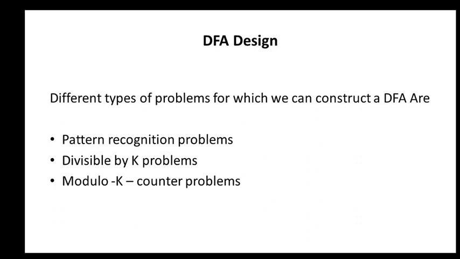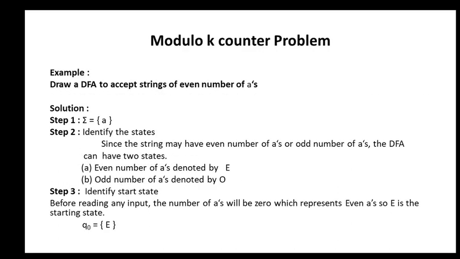DFA design. The different types of problems for which we can construct a DFA are: the pattern recognition problem, the divisible by k problem, and the modulo k counter problem.